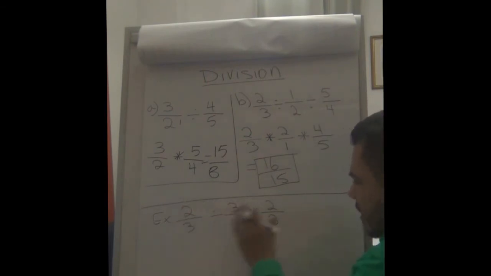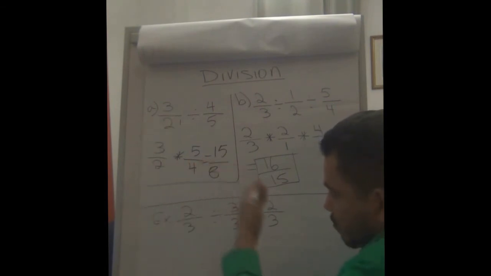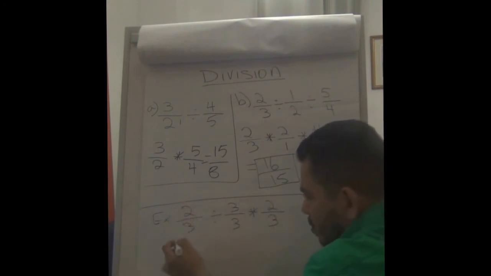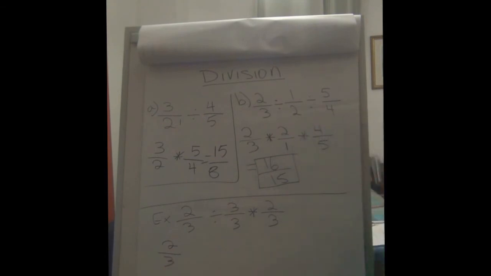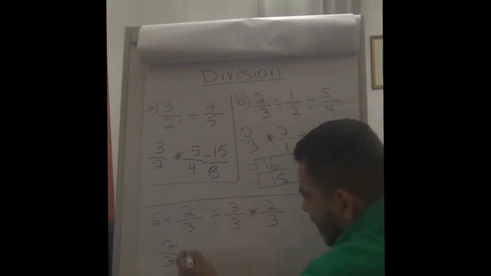I have a division and I have a multiplication. Remember, when you have division and multiplication, you work from left to right. It doesn't matter which one. So let's try. 2 over 3 stays the same. Change this to multiplication.